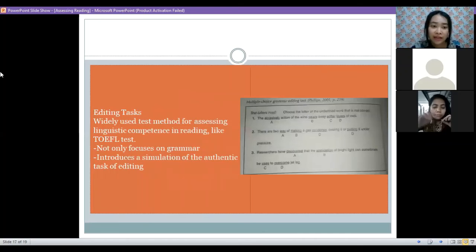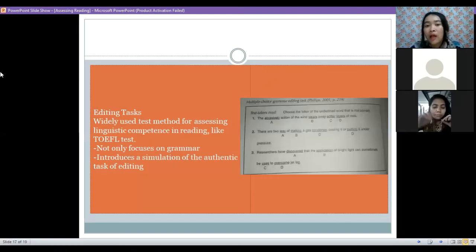Okay, editing tasks. Editing for grammatical and rhetorical errors is a widely used task method for assessing linguistic competence in reading. For example, like the TOEFL test. It not only focuses on grammar, it also introduces a simulation of the authentic task of editing and discerning errors in written passages.